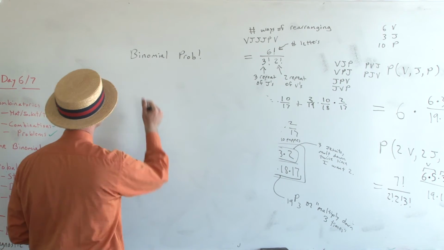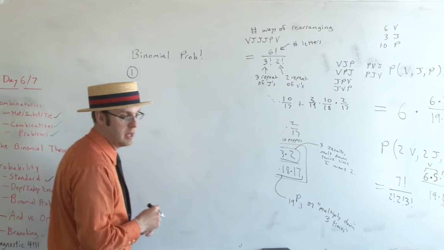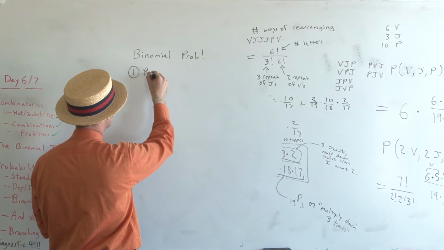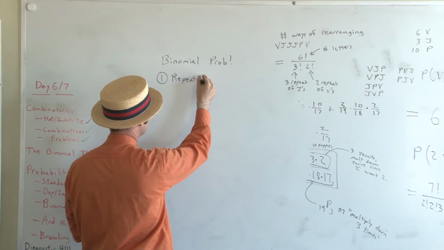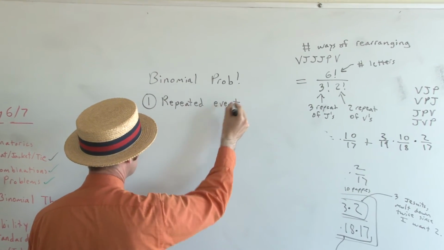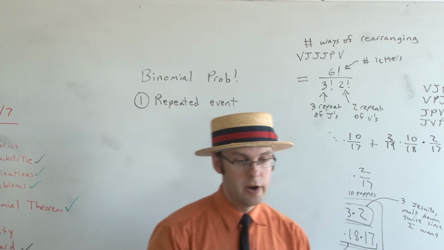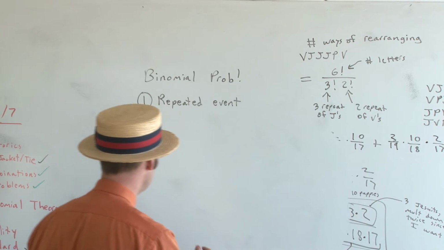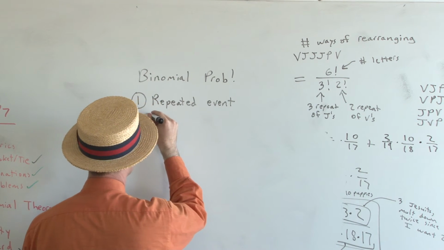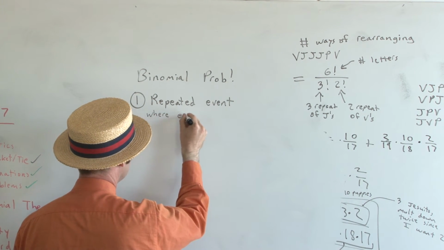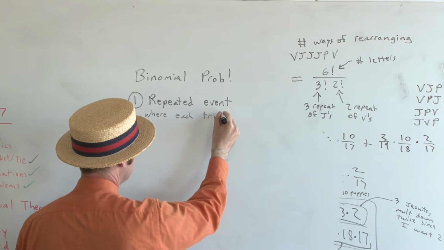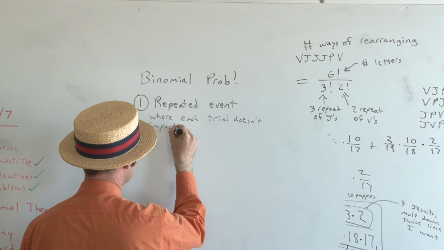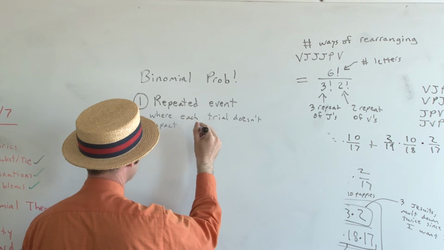And that case is that I have a repeated event where each event does not impact the next. So repeated event. Each trial doesn't impact the last, or the next rather.